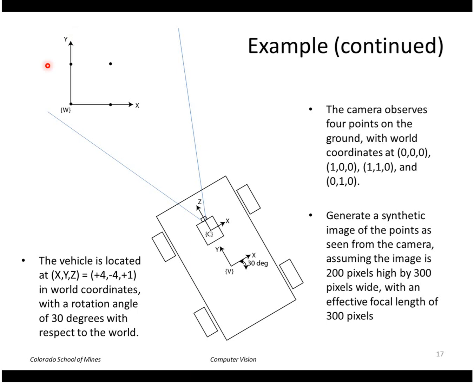Here is the world coordinate system up here. Okay, so we specify where the vehicle is with respect to the world. It's at 4, -4, +1, and it's rotated by 30 degrees. So say the problem is to observe these points on the ground: 0, 0, 0; 1, 0, 0; 1, 1, 0; and 0, 1, 0. And we want to project those points onto the image of the camera.